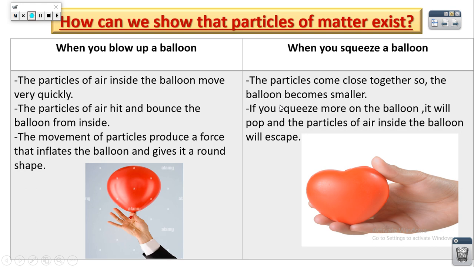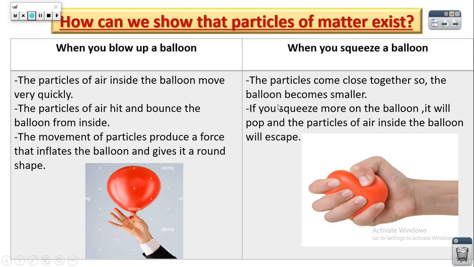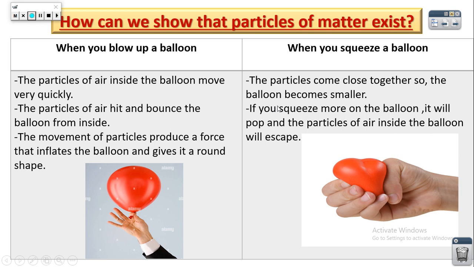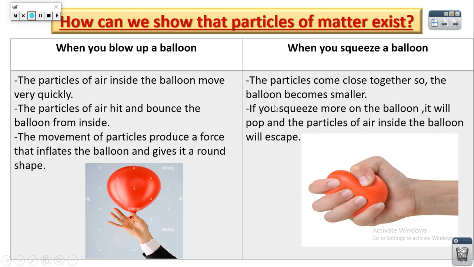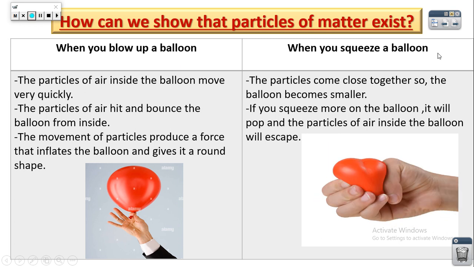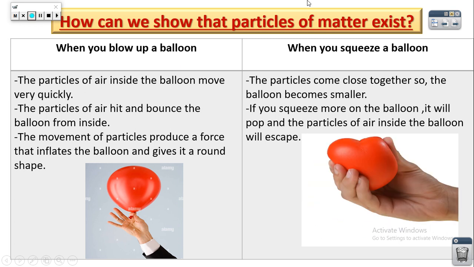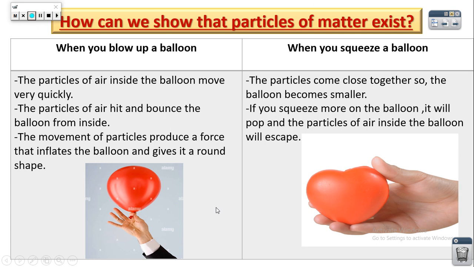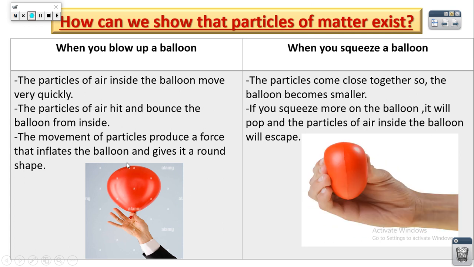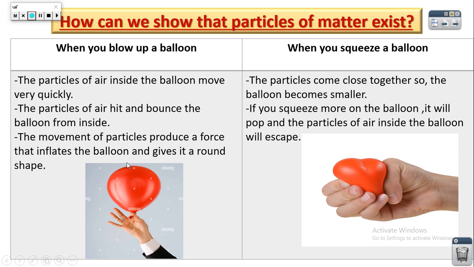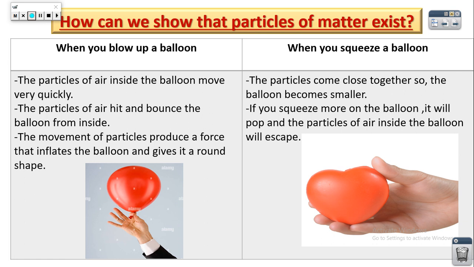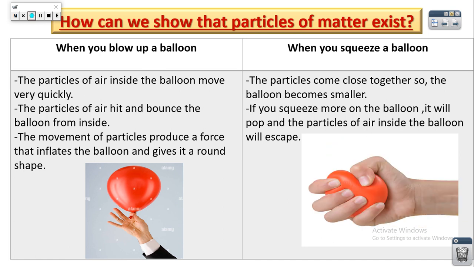How can we show that particles of matter exist? We have two experiments here: when we blow up the balloon and when we squeeze the balloon. When we blow up the balloon, we put gas or air inside the balloon, right? And we said before that the particles of gas move very freely, very quickly in all directions.